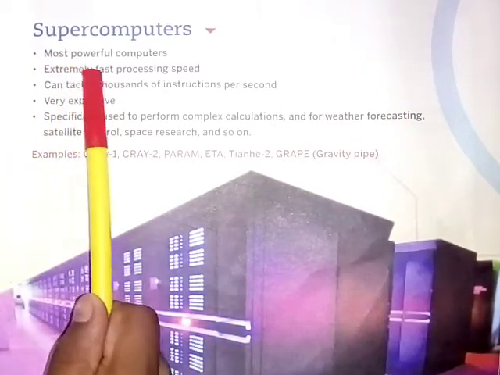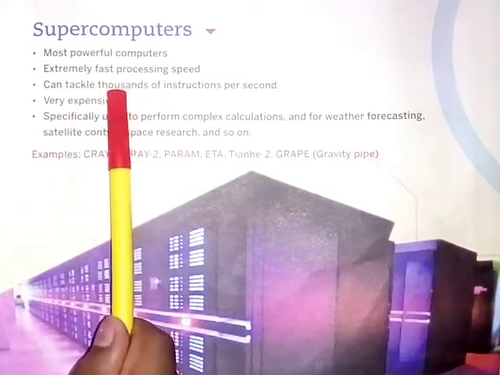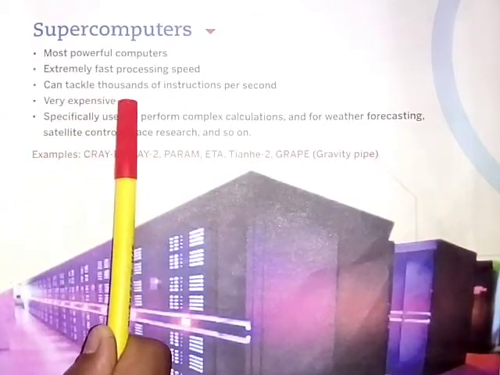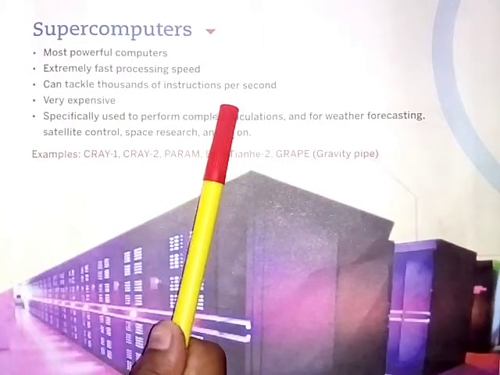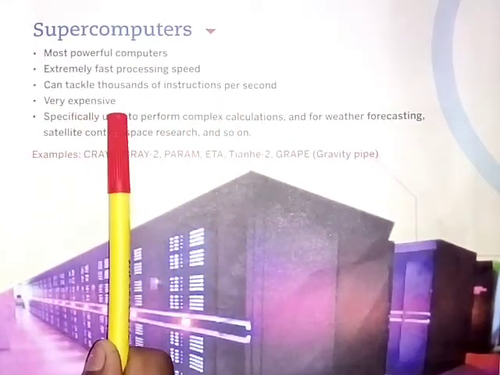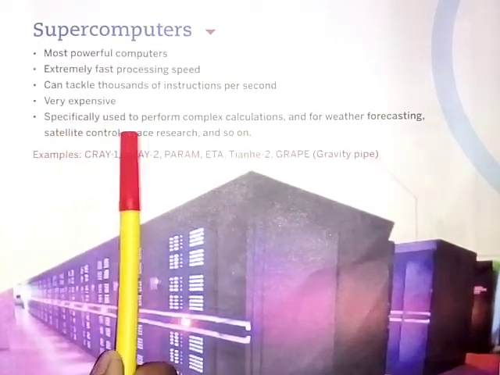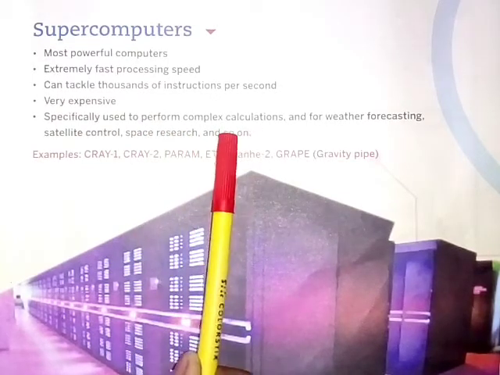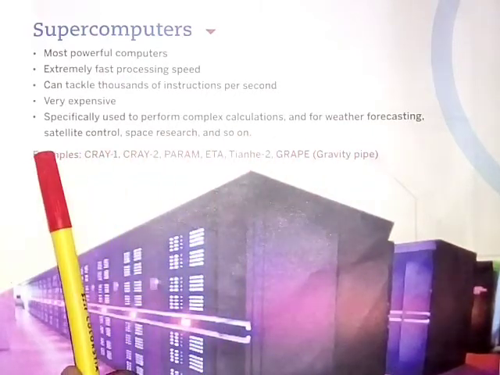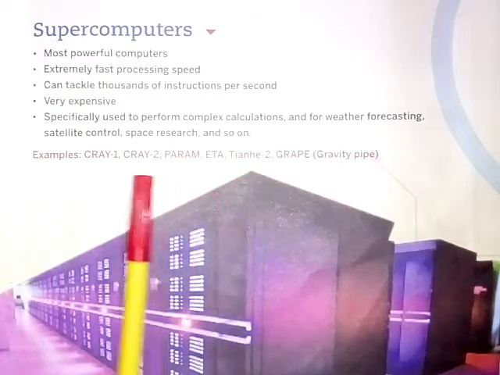It is the most powerful computer. Extremely fast processing speed. It can tackle thousands of instructions per second. It is very expensive. It is specifically used to perform complex calculations and for weather forecasting, satellite control, space research and so on.